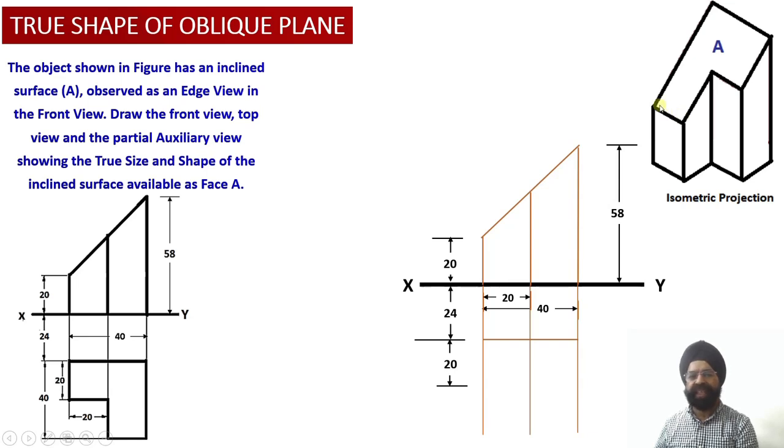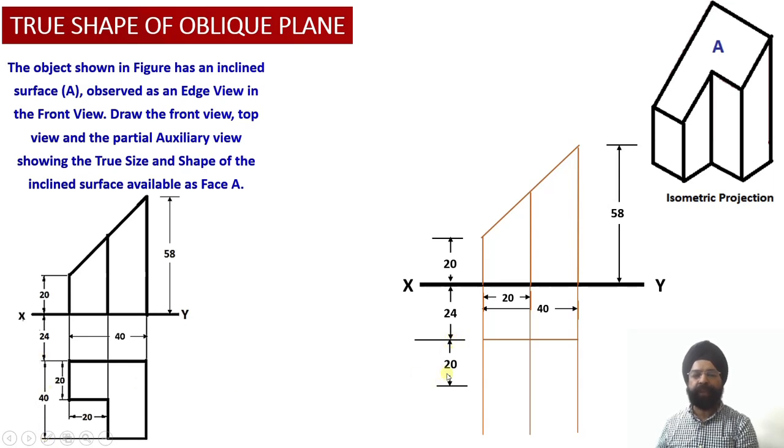Now this distance is provided to us equal to 20 millimeter, which is the depth of the solid corresponding to section number 1, while the total depth of the solid happens to be 40 millimeter. So this is the total depth of the solid.